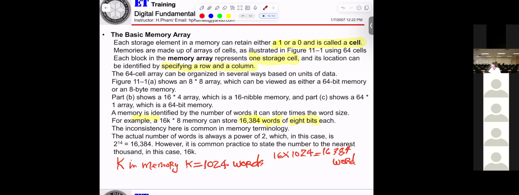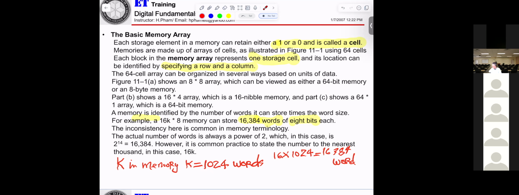Now, you need to know what K is. K in memory does not equal 1,000. K in memory equals 1,024 words. That's very, very basic at the beginning.